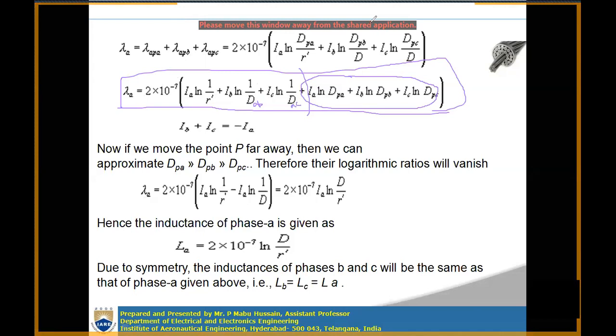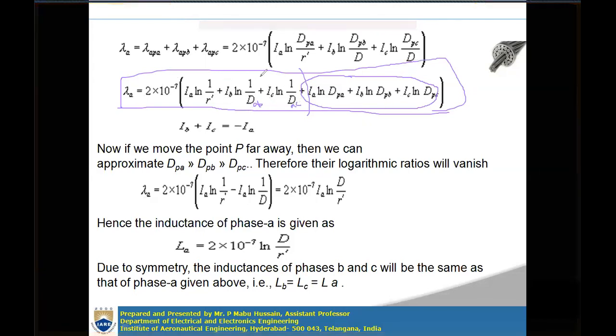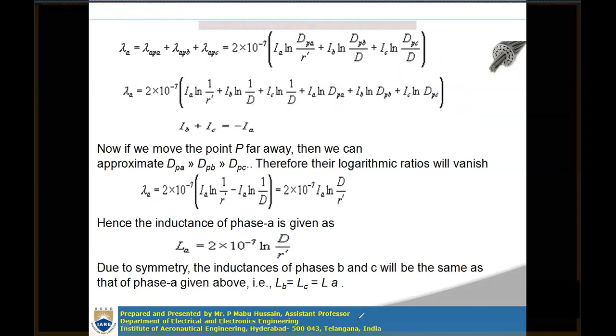When dealing with unsymmetrical lines, these distances are not the same. So you have to take DAB, DAC as they are. Okay.